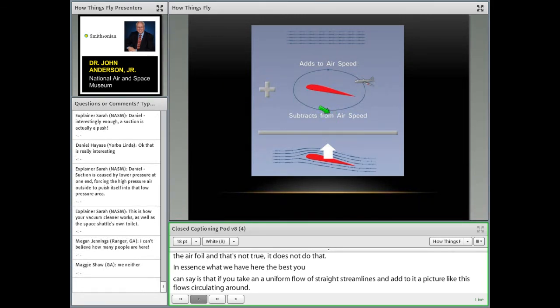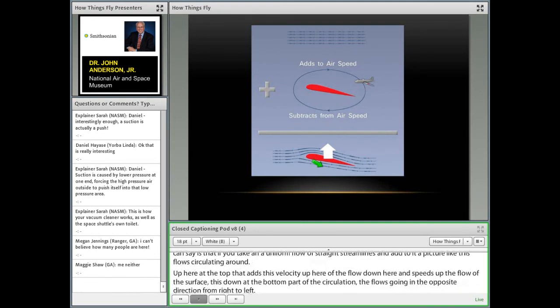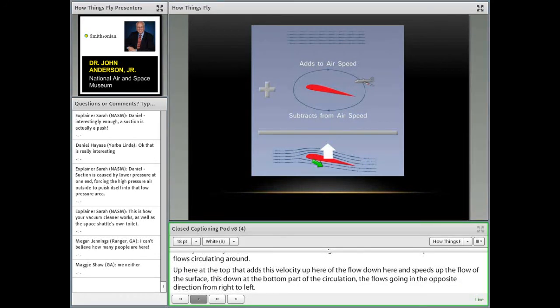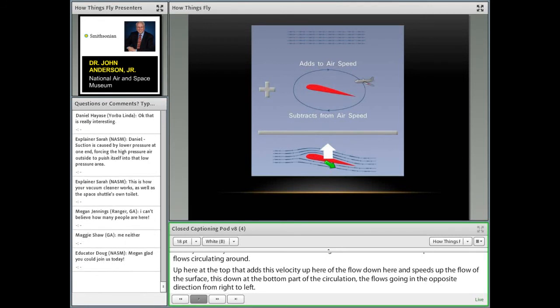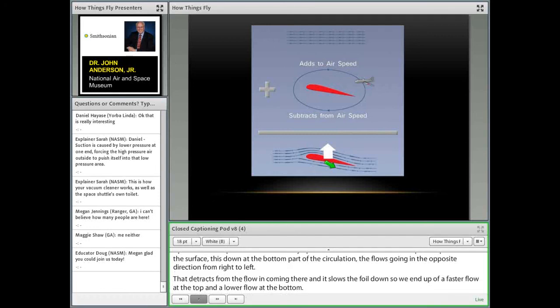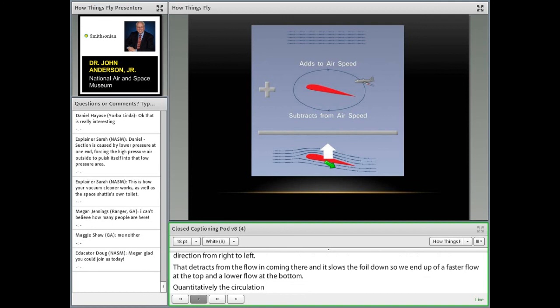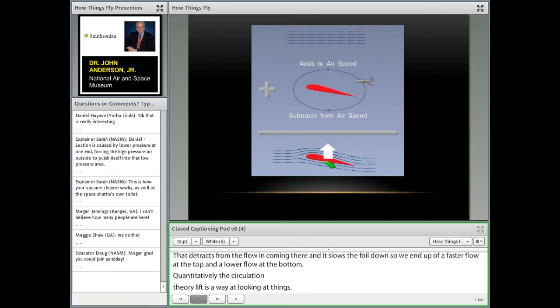That detracts from the flow incoming to the airfoil and slows the flow down. So you end up qualitatively with a faster flow over the top and a slower flow over the bottom. So qualitatively, the circulation theory of lift is a way of looking at things. And quantitatively, mathematically, it gives you reasonable ways of calculating the lift.